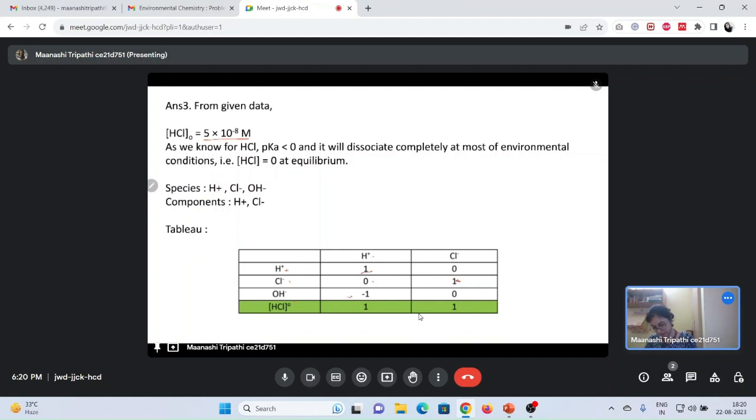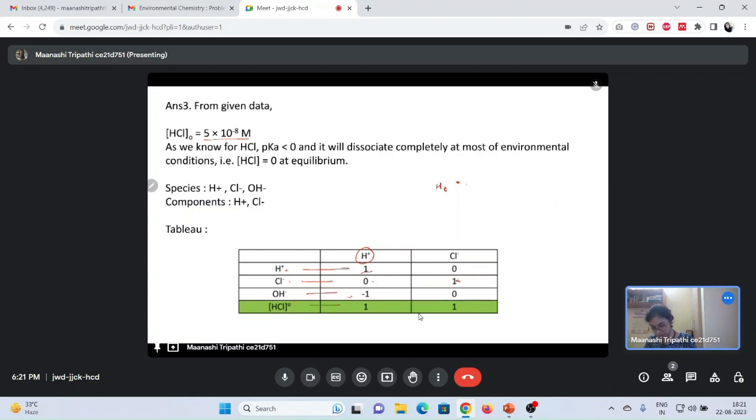How is it coming? When we are talking about this, H total is equal to H plus. We have to multiply these coefficients for H plus.